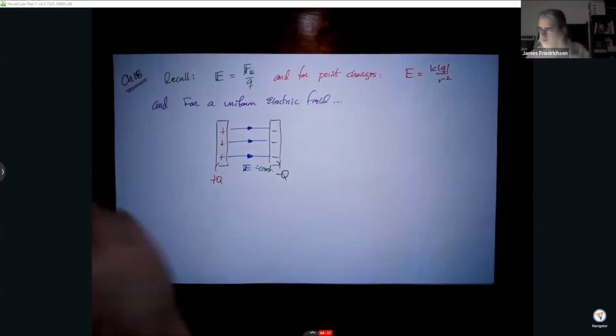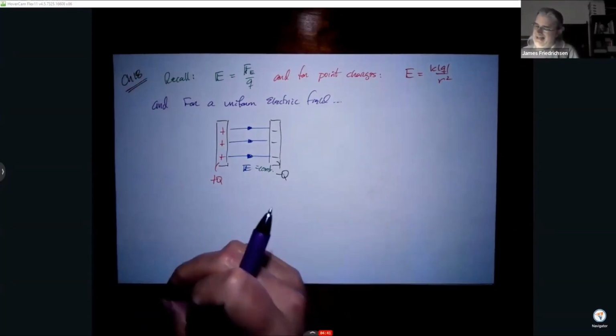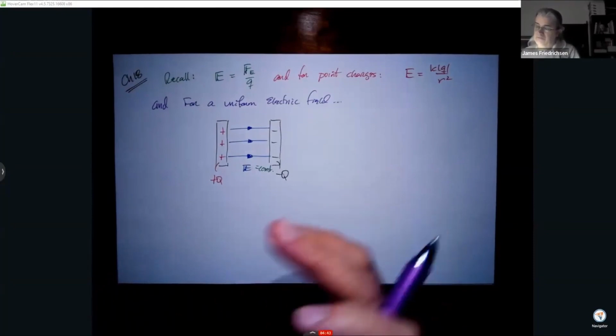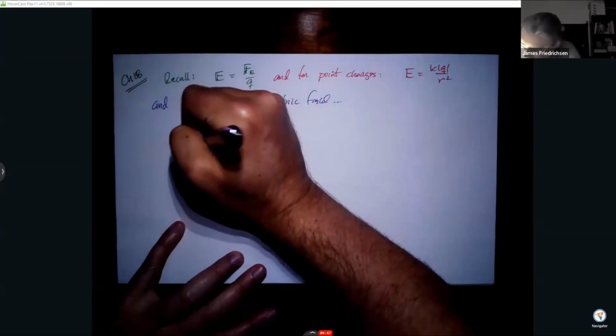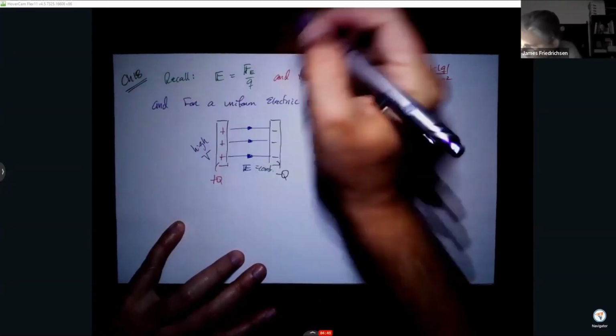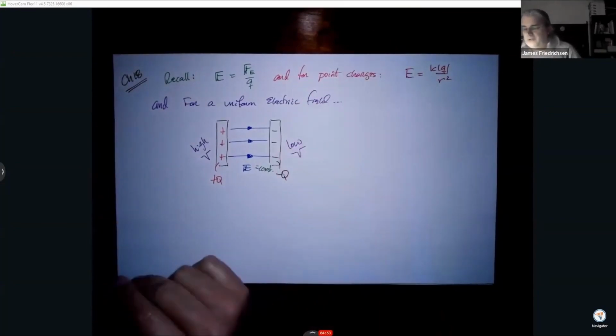And then what we found was that the positive plate was the high electric potential region, or the high voltage region. And the negative was the low voltage. And again, there's that funny arbitrariness to them.